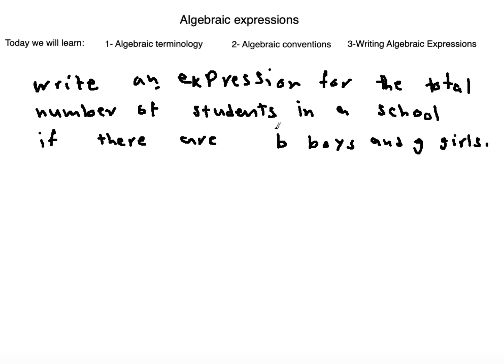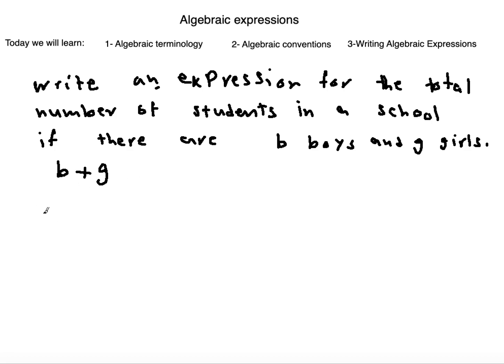So B is the number of boys we have. We don't know what it is, but we call it B. And G is the number of girls we have, and we don't know how many, but we know it is G. So what we are going to do here, the answer is going to be B plus G. Because say you had 150 boys and 180 girls, what you would have done, you would have added 150 and 180. You do the same here. B plus G.